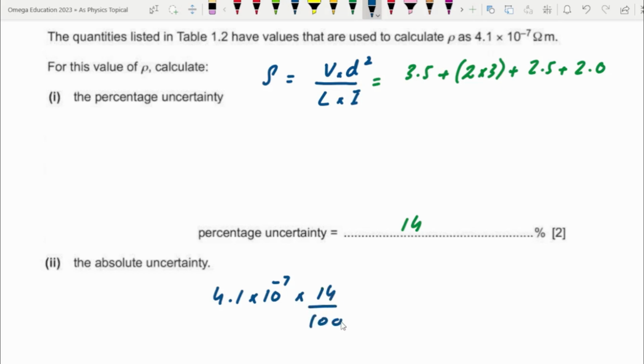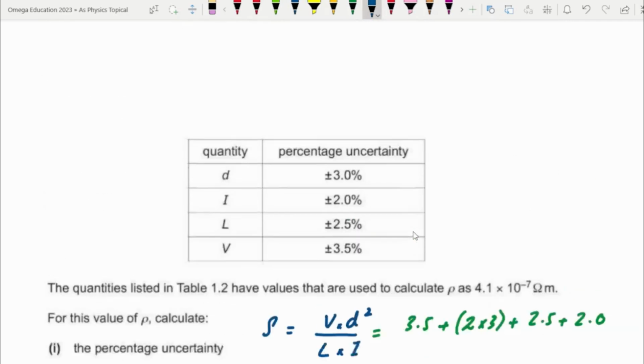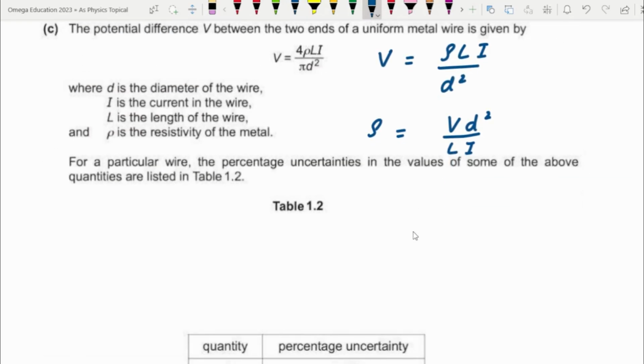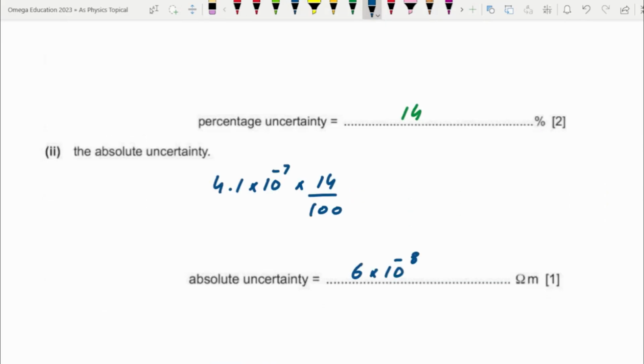So you hit it on the calculator. 6 into 10 to the power minus 8 ohm meter. Alright, so absolute uncertainty, we generally like to write with only 1 SF. This is the absolute uncertainty that you can write. You can write in 2 SF as well, but generally the convention is we write in 1 SF.